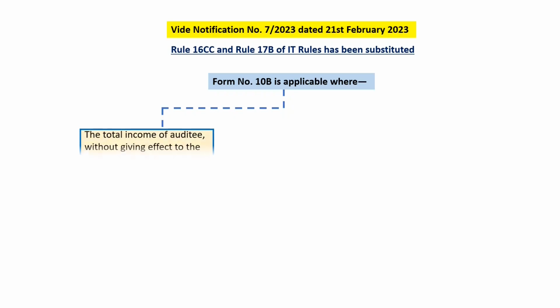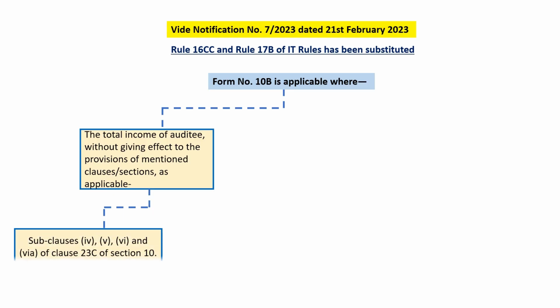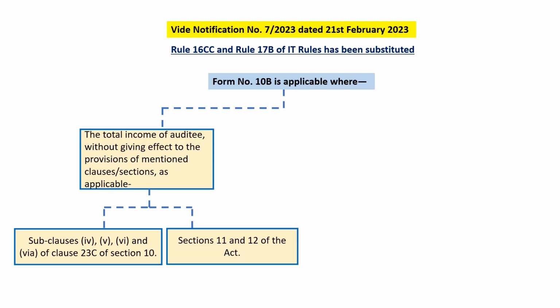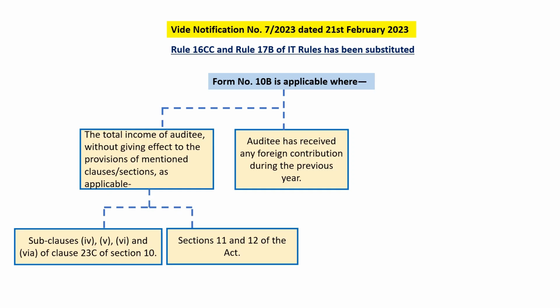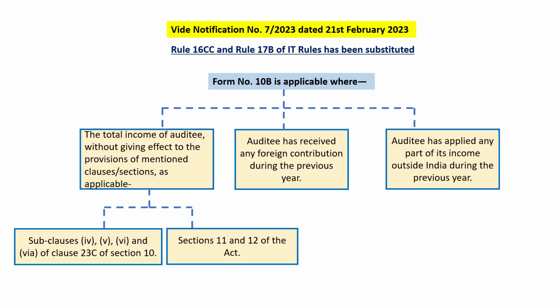Through notification number 7/2023 dated 21st February 2023, Rule 16CC and Rule 17B of the Income Tax Rules have been substituted to provide that where the total income of the auditee, without giving effect to the provisions of Section 10(23C) Clauses 4, 5, 6, 6A, or Sections 11 and 12 of the Income Tax Act as applicable, exceeds Rs 5 crores during the previous year, or the auditee has received any foreign contribution during the previous year, or has applied any part of its income outside India during the previous year, Form 10B is applicable.